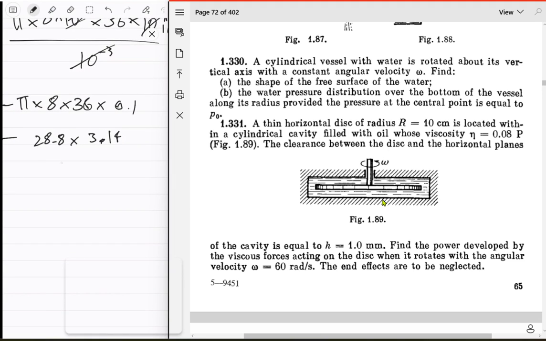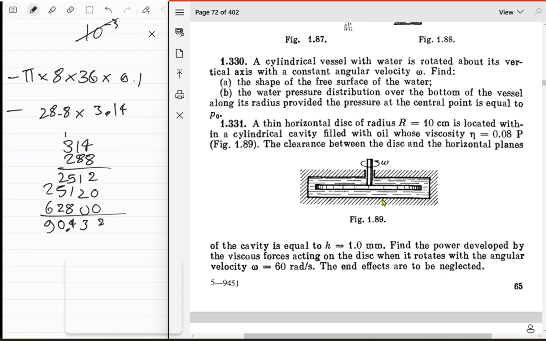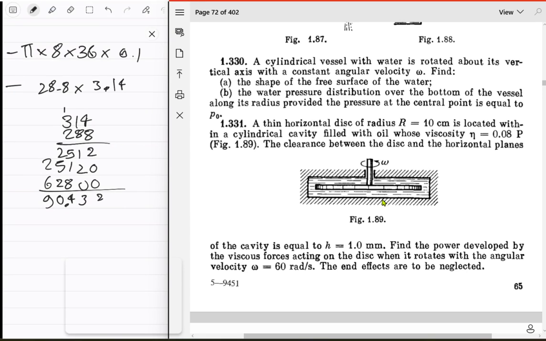So 314 times 288, and working out the multiplication by hand, something like this, and then 3 of these, so 90.4 something. 90 is a good approximation.